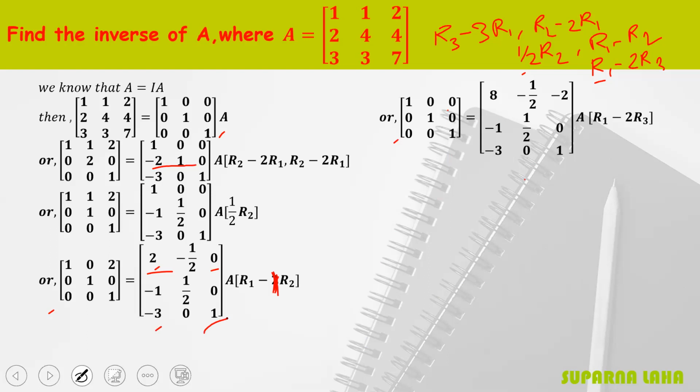So this is your inverse matrix, that is A inverse is given by 8, minus half, minus 2, minus 1 half, 0, minus 3, 0, 1. This is your inverse. Now I hope finding the inverse by this row elementary process is clear, and the column elementary process we already did in our previous class.